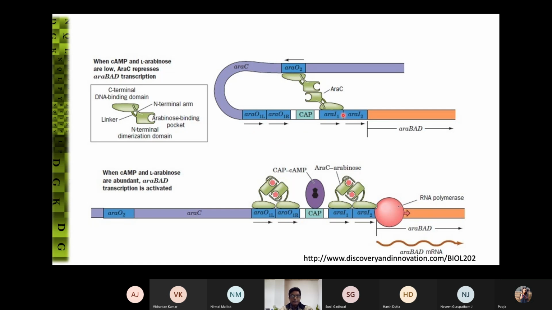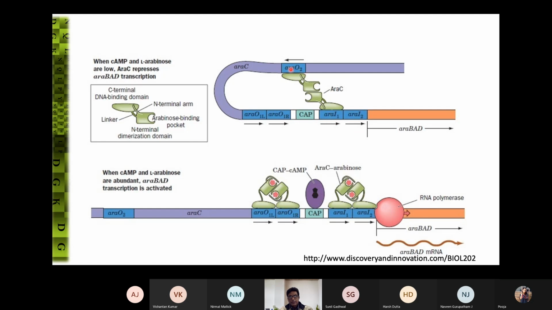Now, here again, we have this entire DNA, this part of it, essentially this is going to get locked into place. There are 3 sites here.